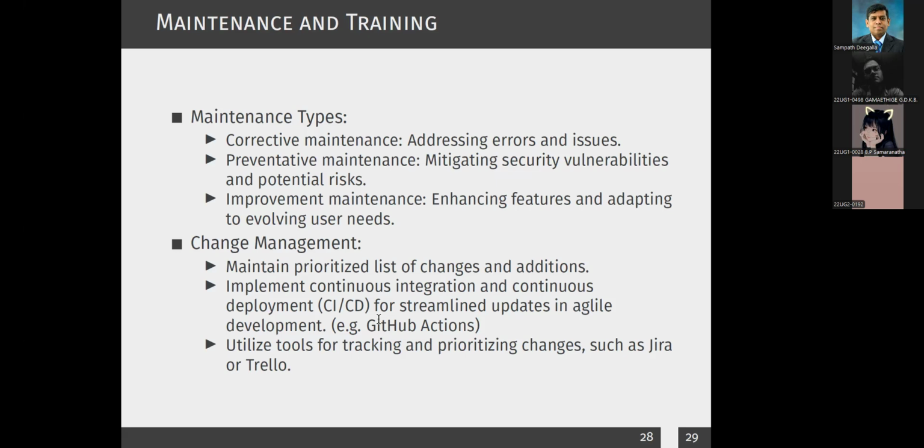When you make an update to your code, it will automatically test it and then deploy. Then you can also use tools like Jira and Trello. They are common software nowadays used to track and prioritize the changes in development and also for software management.